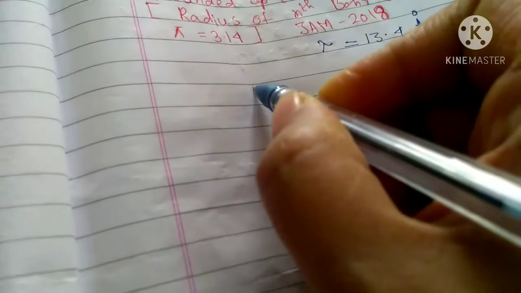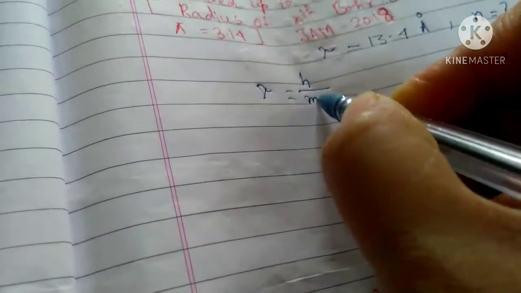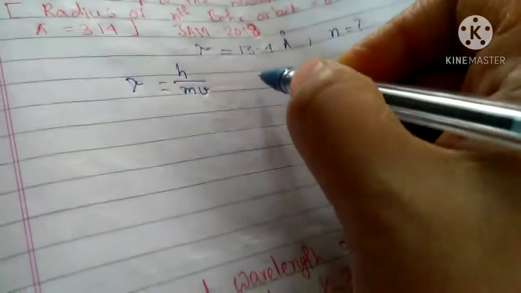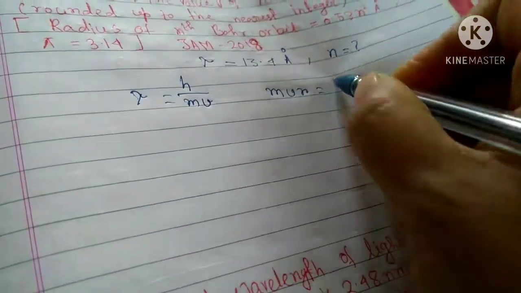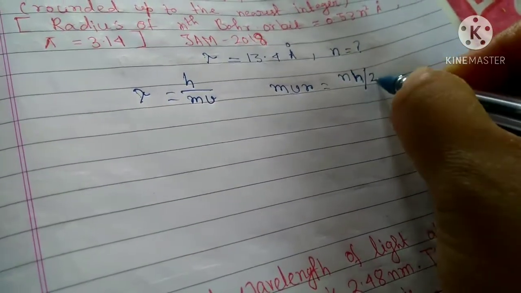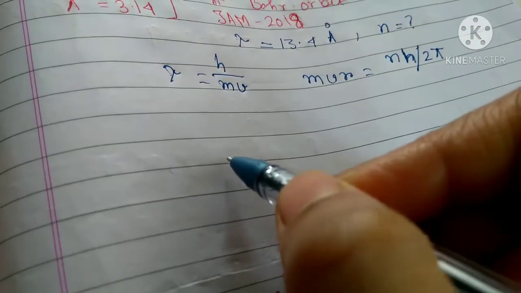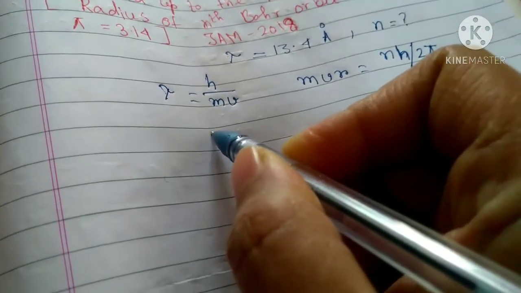You know that de Broglie lambda is equal to h, Planck constant, by mv, and also you know that mvr is equal to nh by 2 pi. Okay, so now put the value for mv.